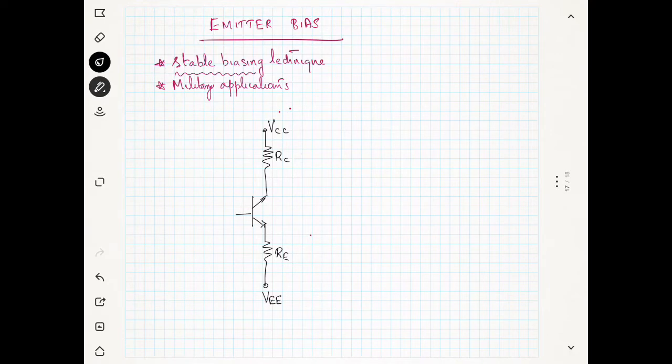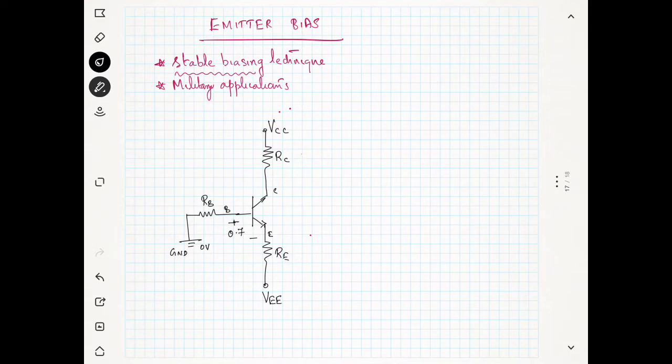So we need two power supplies. And there is RB, and this is going to ground. Now you know that the base-emitter junction should be forward biased, and we need 0.7 V, and there is no voltage here. This is 0 volts, or we can say this is ground.